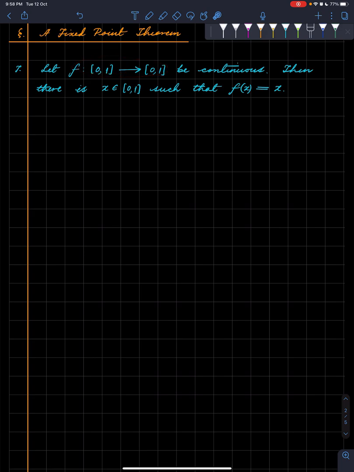Let me make a remark that this won't be true any longer if we replace this by the open interval. Let us just note that the map from the open interval to itself, which takes little x to x square, has no fixed points.